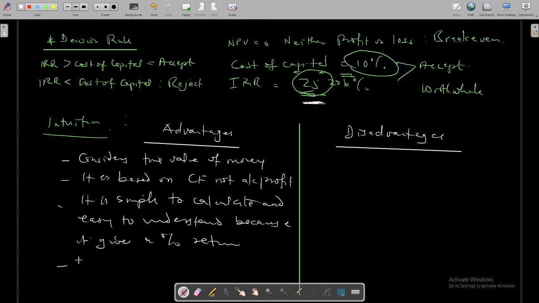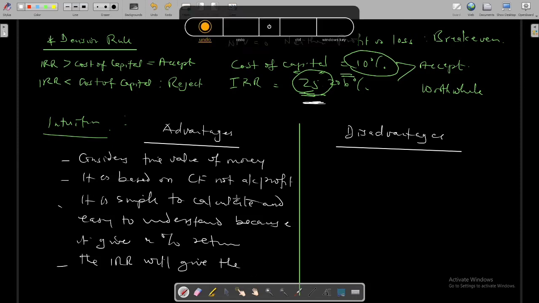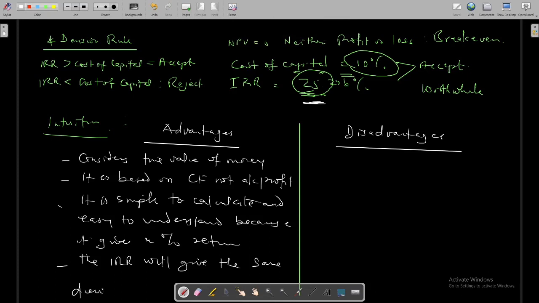Then the internal rate of return will give the same decision as NPV.